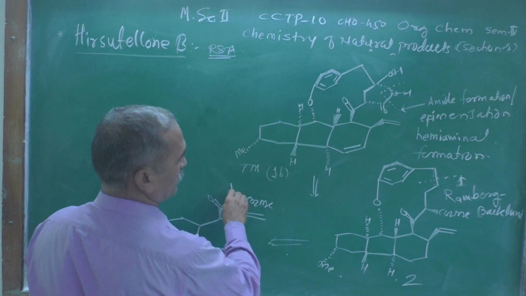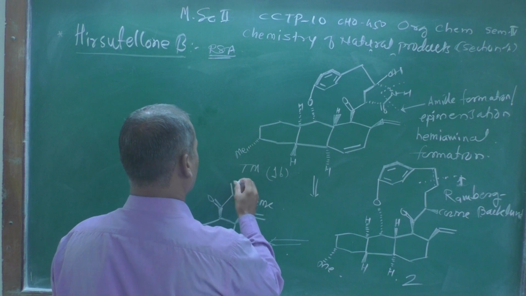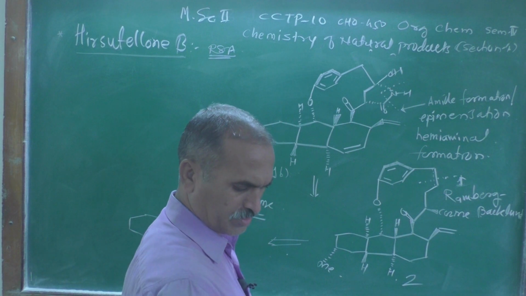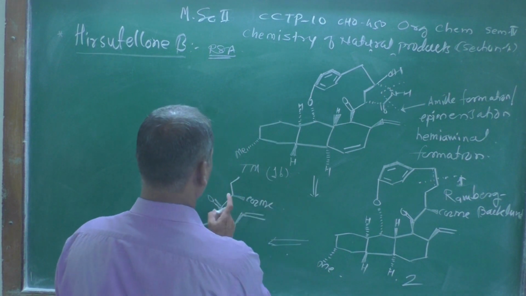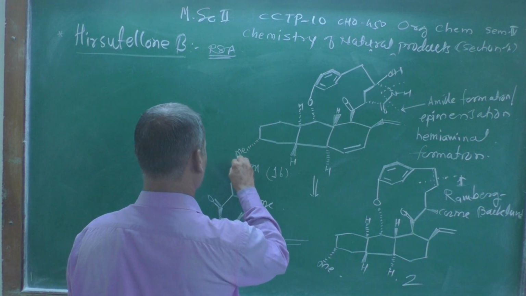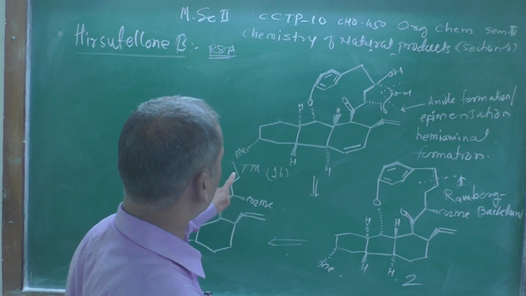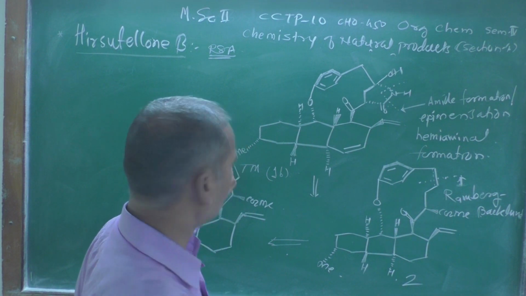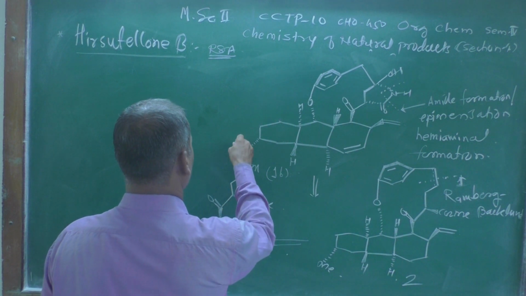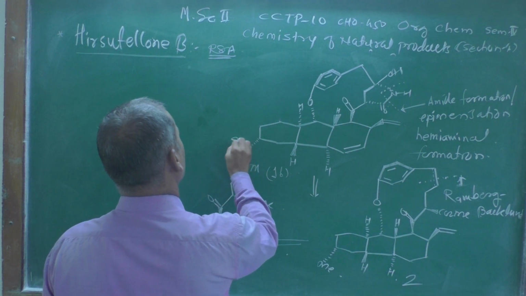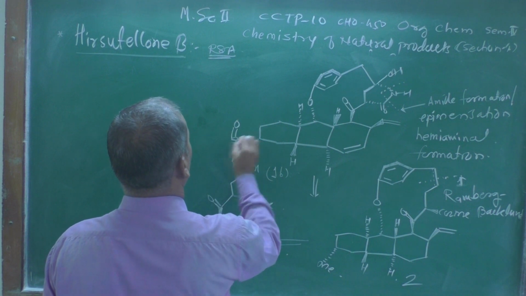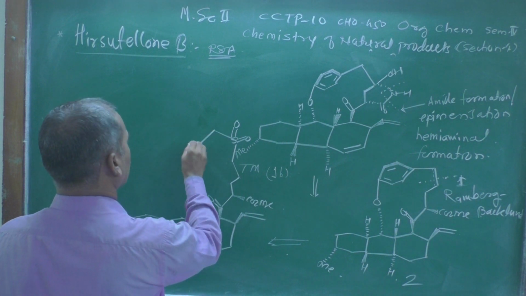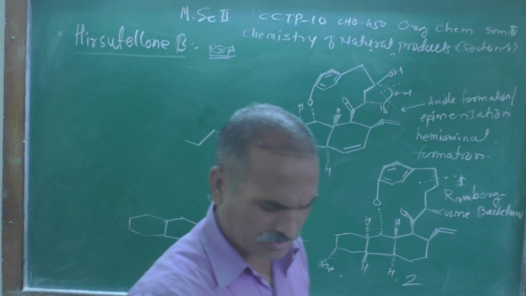Then this group remains as it is only. Here CH2, then CH2, and one more, 1, 2, 3, CH2, and you can show over here, yes, double bond O, and then this remains as it is.